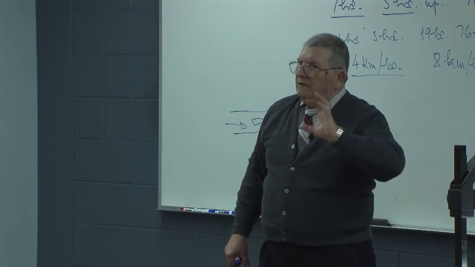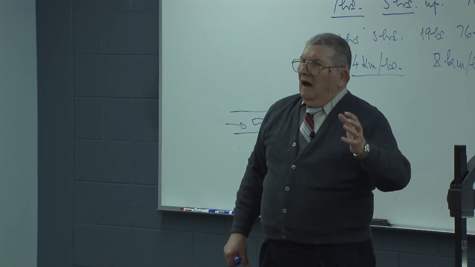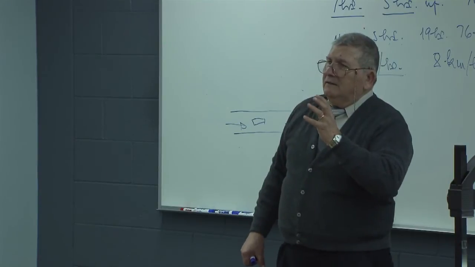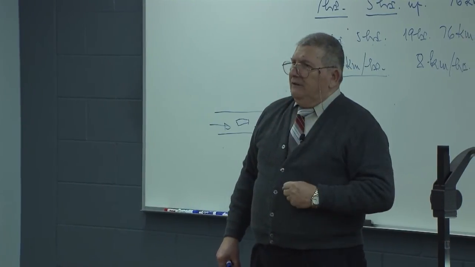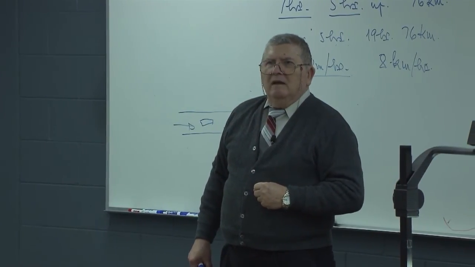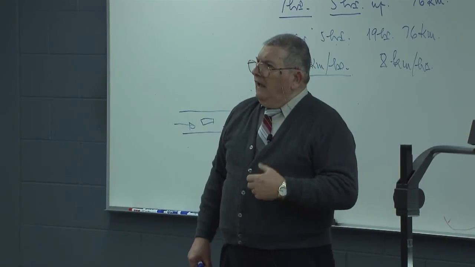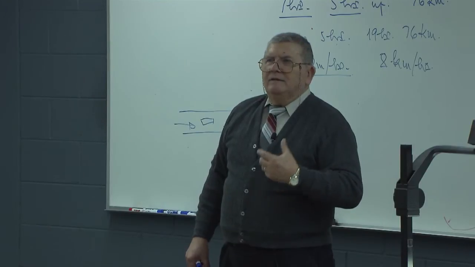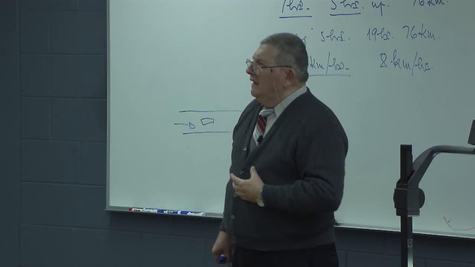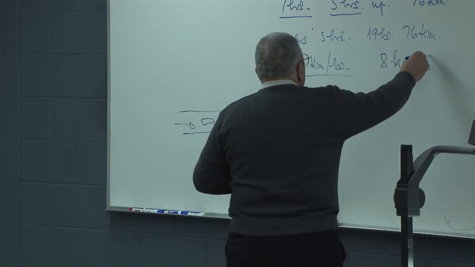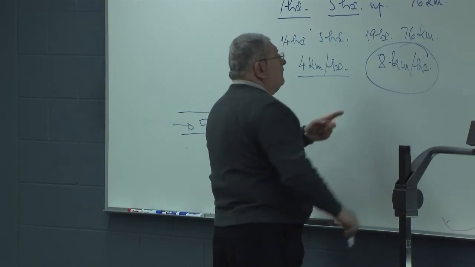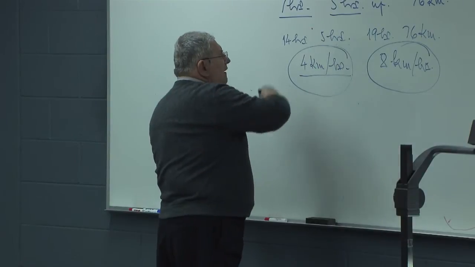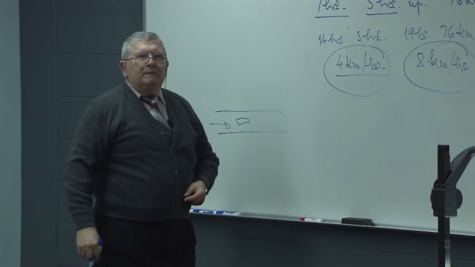And upstream is the difference, the speed of the boat minus the speed of the river. So we have the sum and the difference. Do you see the sum and the difference? This is the sum of the speed of the boat and the speed of the river. This is the difference of the speed of the boat and the speed of the river.